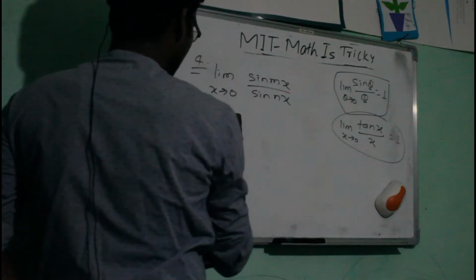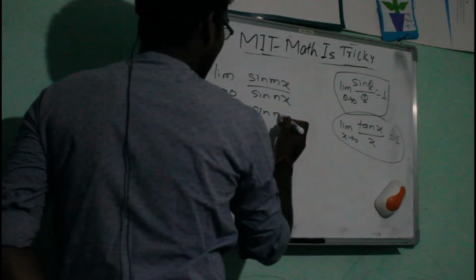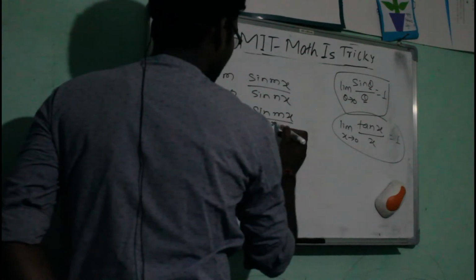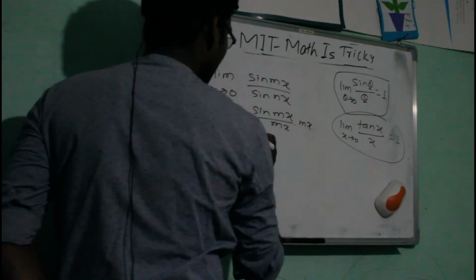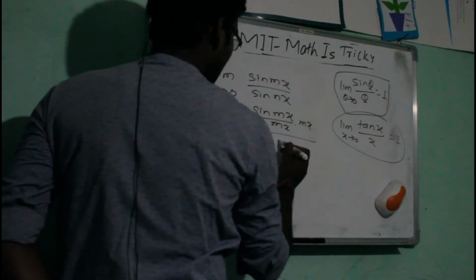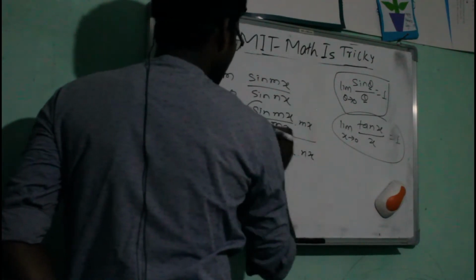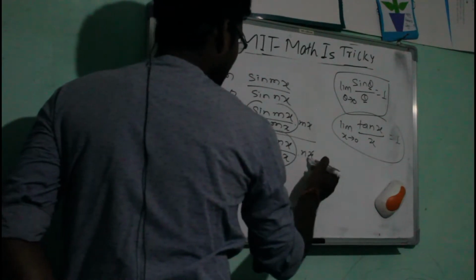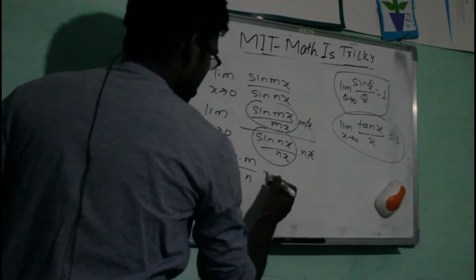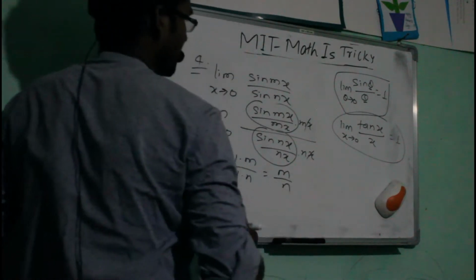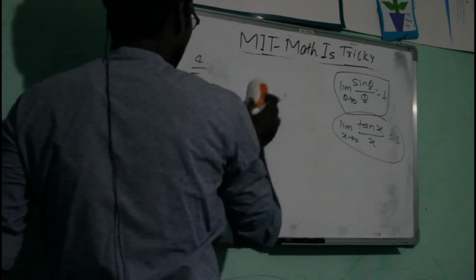To use it, we'll arrange like this: sine mx by mx into mx, balancing this so that it is sine theta by theta, and then again sine nx by nx, balancing this. Now this is going to be 1, this is going to be 1, and x and x cancel. So we have 1 into m by 1 into n. So the answer is going to be m by n. This is your answer.